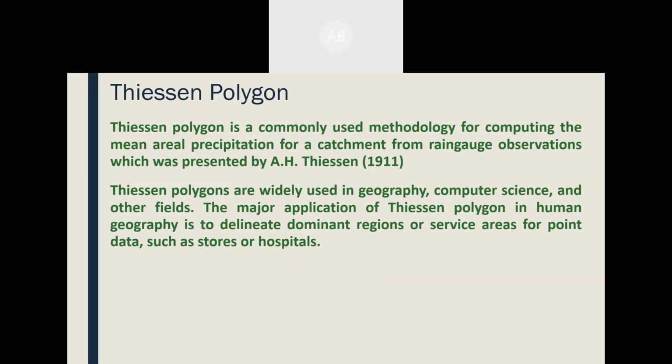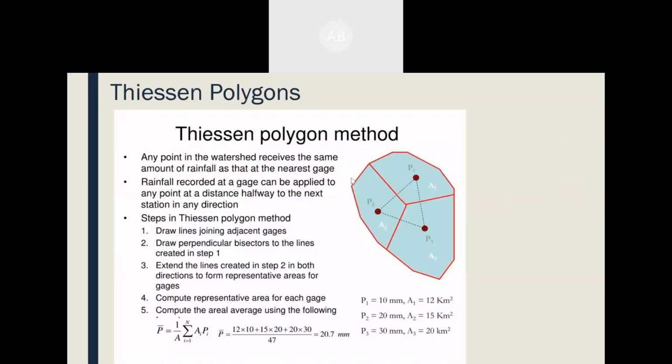The major application of the Thiessen polygon is also in one subfield of geography known as human geography, in order to delineate the dominant regions or service areas for point data, such as stores or hospitals. For example, you have a hospital at P1, another hospital at P2, and a third hospital at P3, and there are people distributed within this red color, suppose a district.